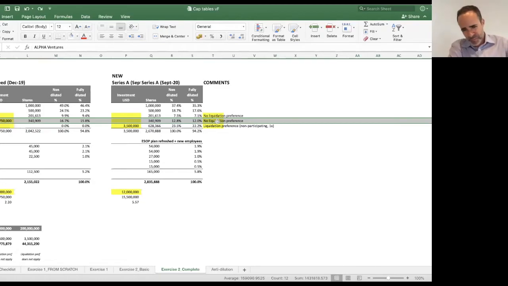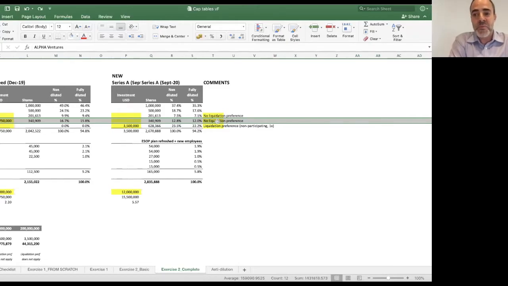It means that no matter what, I have the right to get my money back first before anybody else gets money, okay? If you sell the business for 5 million, I get my 1 million, and then you do whatever you want with the proceeds. That's a non-participating liquidation preference. You only dip once. You either use the liquidation preference or you don't.